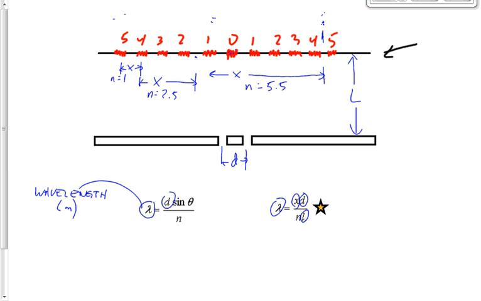D is taken care of. N's taken care of now. The only thing we don't have taken care of is theta. Theta is an angle, obviously, but what angle is it? Well, it's an angle that's always measured from the central maximum to wherever we want.